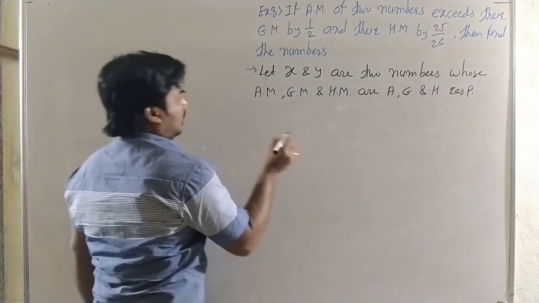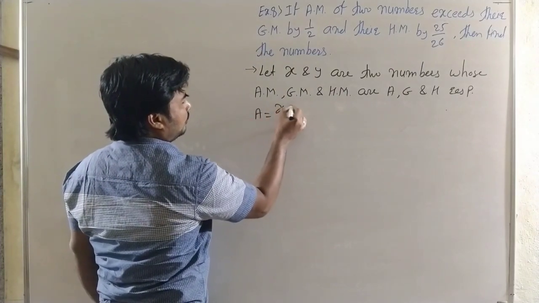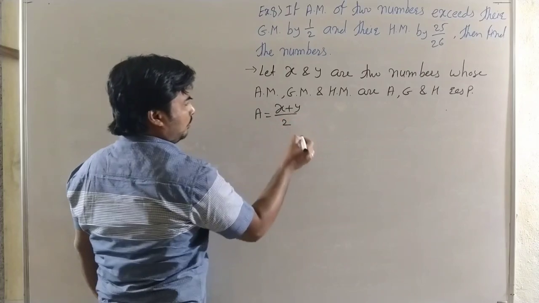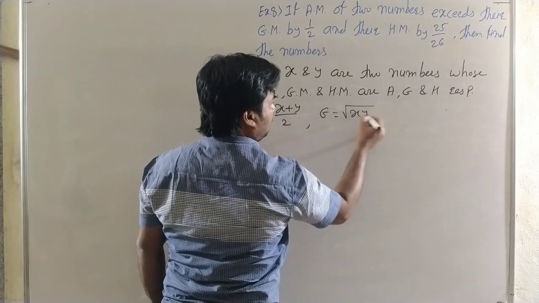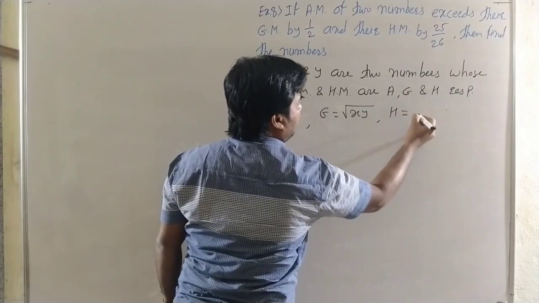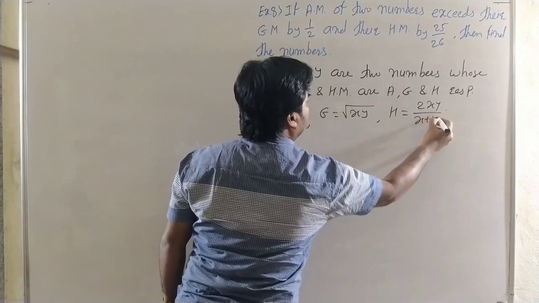Then we know that by definition the arithmetic mean is (x + y)/2, the geometric mean is √(xy), and the harmonic mean is 2xy/(x + y).